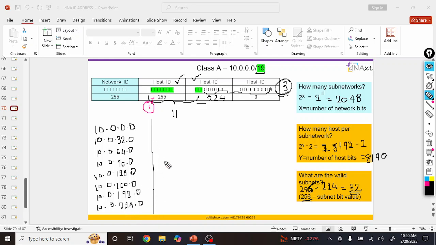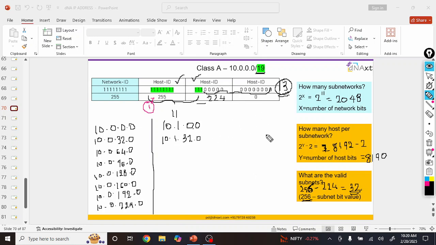So at that time, you will do an increment of 1 in the second octet. Now 10.1.0.0, 10.1.32.0. So all these second, third and fourth octets will repeat themselves for 1, as they did for 0. Then for 10.2.0.0, 10.2.32.0.